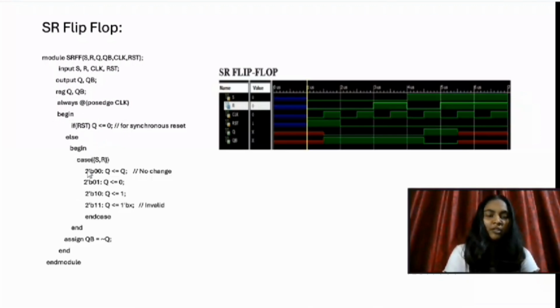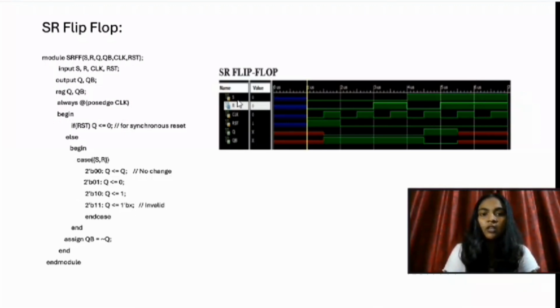Else, begin case of inputs S, R: 2'b00, Q less than or equal to Q; 2'b01, Q less than or equal to 0; 2'b10, Q less than or equal to 1; 2'b11, Q less than or equal to 1. End case and assign QB equals not Q. End module.